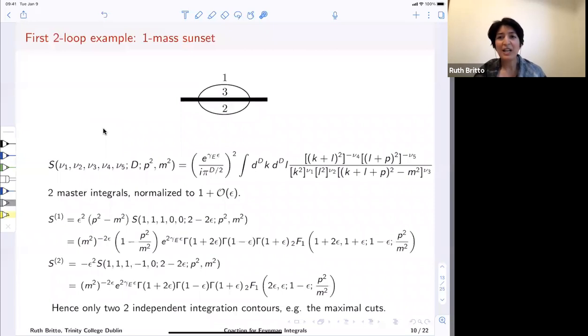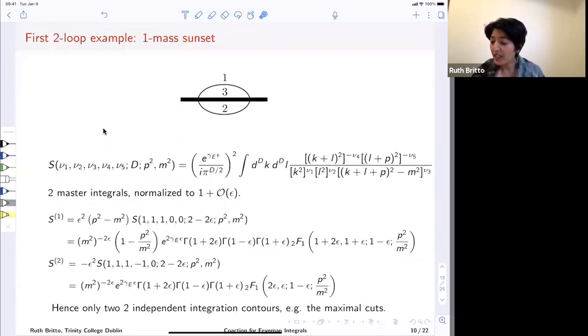Our first two loop example will be the one mass sunset. So here we have two master integrals. We've chosen some normalization factors so that they're pure and start with 1 plus higher order terms.